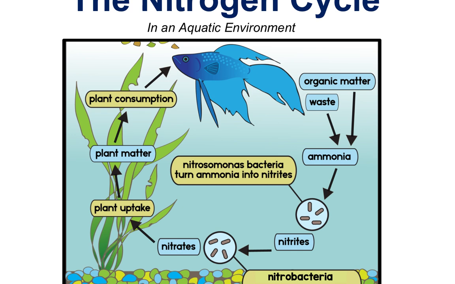When the fish releases that waste, it is ammonia, and we'll find specialized bacteria that are going to turn it into nitrates and nitrites. These are being turned from this waste product into something that is usable for plants.